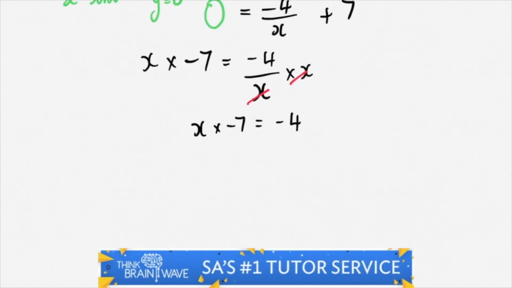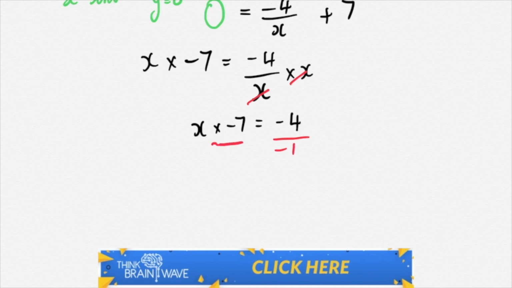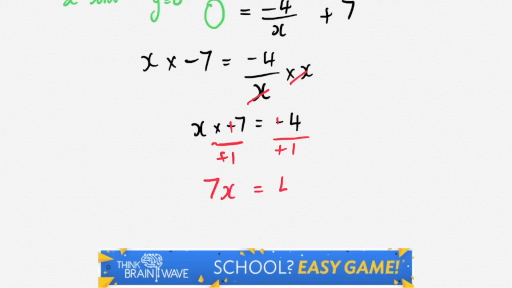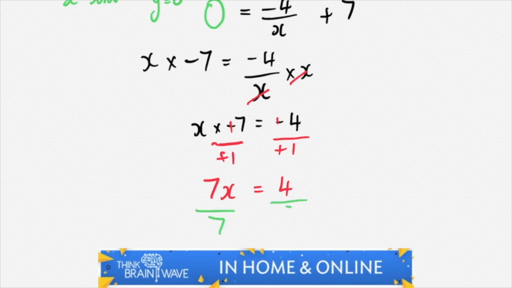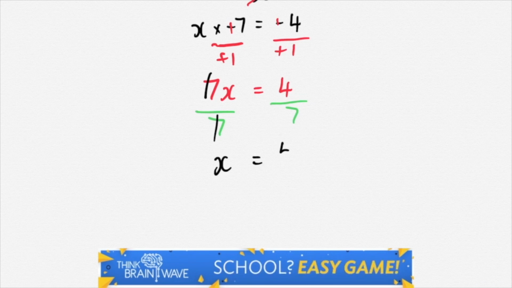Okay, and you'll be able to see that when you divide by -1 on the right, you must divide by -1 on the left. This gives you 7x is equal to 4. Now, x is equal to 4 over 7, and we therefore say 4 over 7 and 0 is our x-intercept. And our y-intercept is not actually an intercept, it's more of an asymptote.